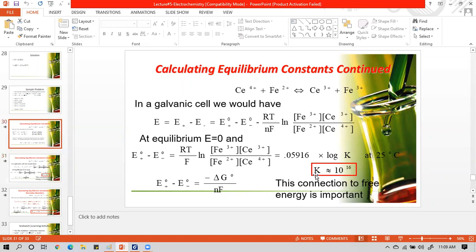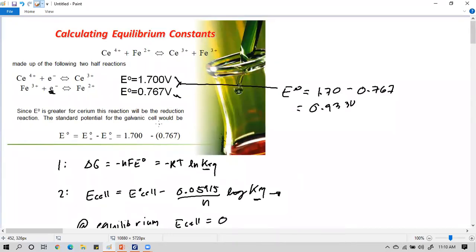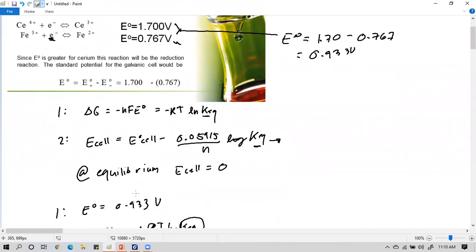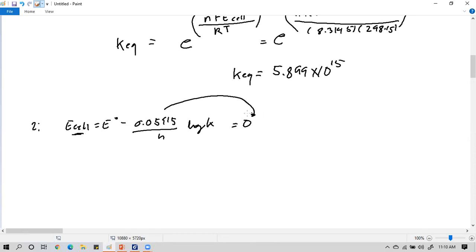Okay, let's try the method 2 naman, using the E cell. So the E cell equals to E naught minus 0.05915 over n, tapos log KEQ. Ngayon, E cell at equilibrium is 0. So, pag 0 yan, you will transpose this to the other side.